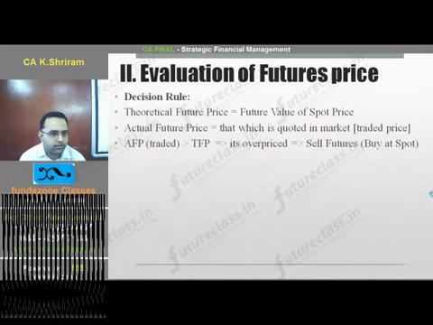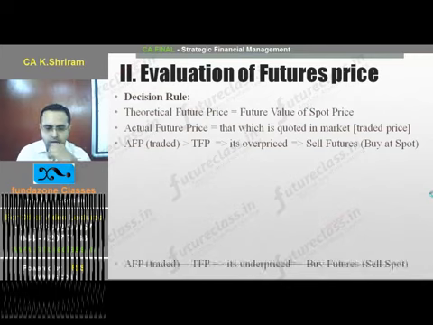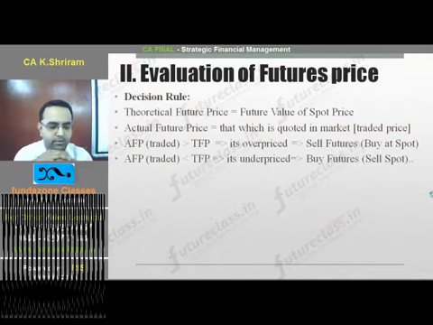Sell futures, and within brackets, buy at spot. If the actual future price traded is less than the theoretical future price, it's underpriced. Buy futures, sell spot.